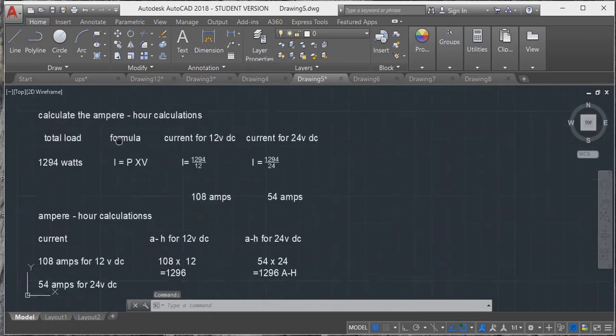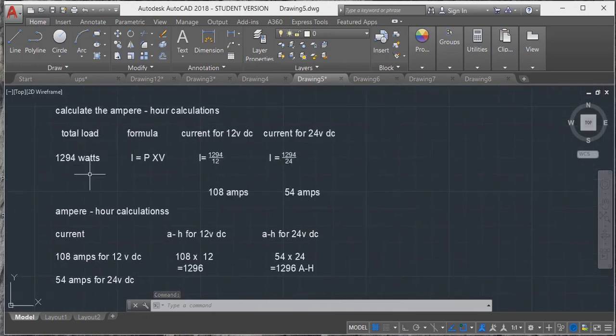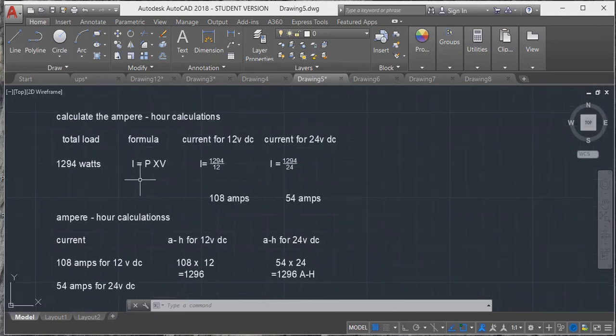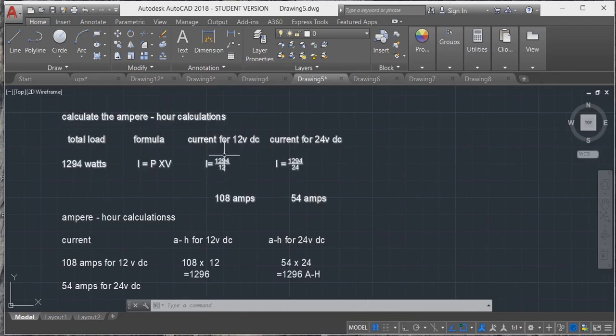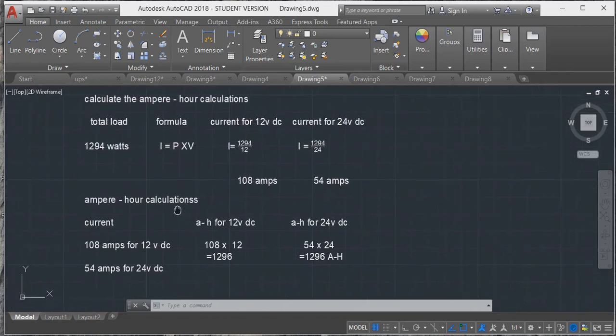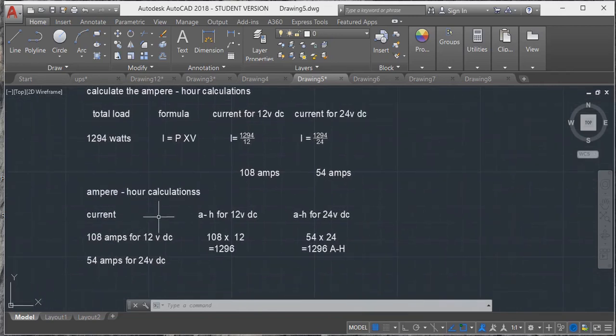Now calculate the ampere hour. The fifth step is the ampere hour calculation. The total load is 1294 watts. The formula is I equal to P by V. Substitute current for 12 volt DC and for 24 volt DC, which are different batteries. Substituting these values, we get current for 12 volt DC equal to 108 amperes, and current for 24 volt DC equal to 54 amperes.